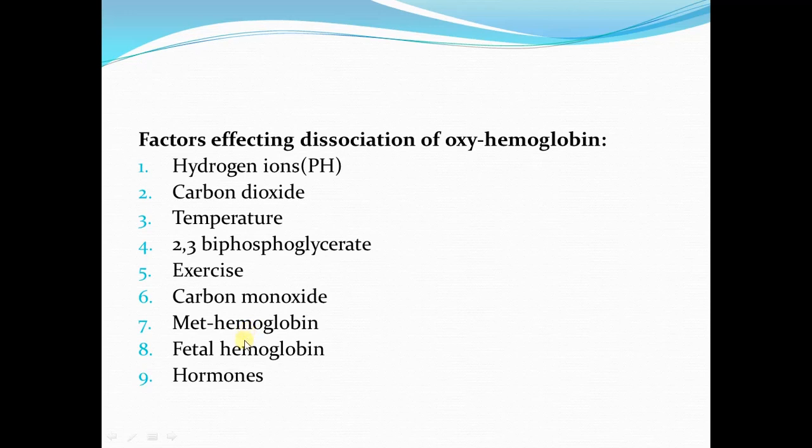Next is fetal hemoglobin. We have discussed in detail about the fetal hemoglobin. Here we will just say that because fetal hemoglobin does not have the capability to bind with 2,3-BPG, in the fetus the curve is shifted to the left side.